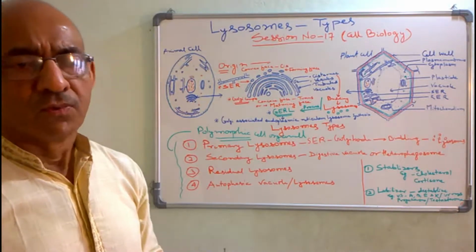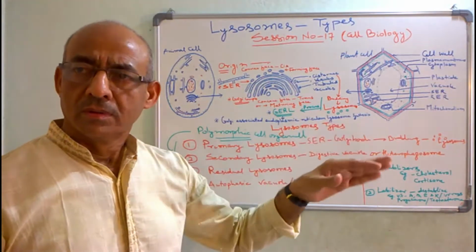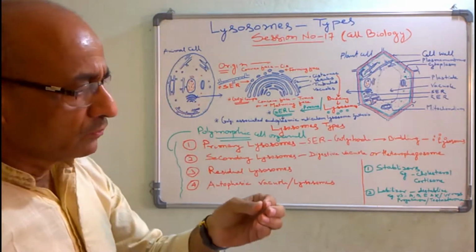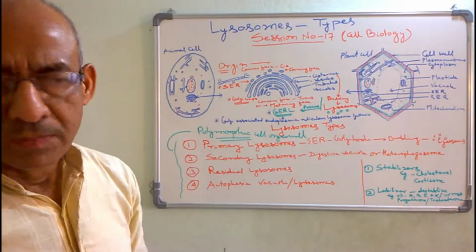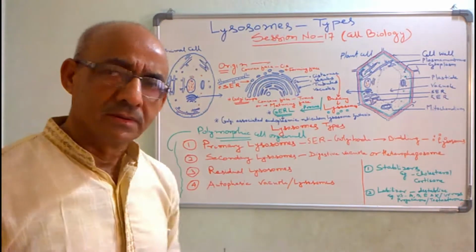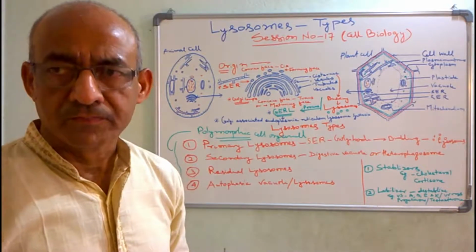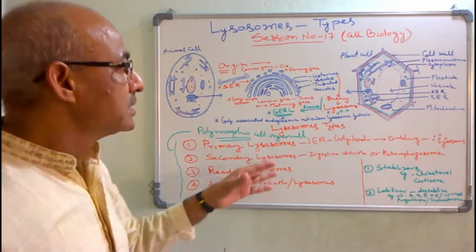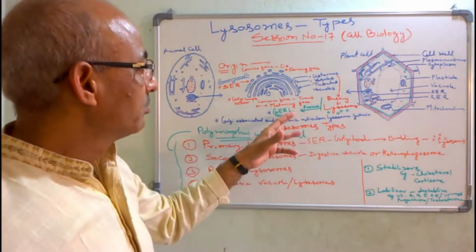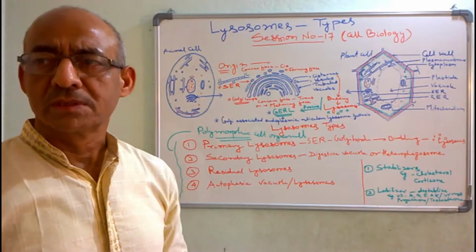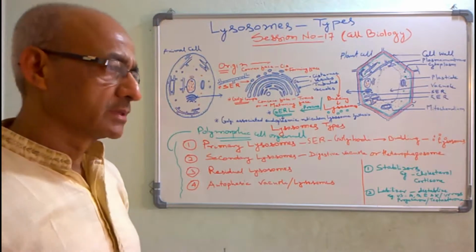Lysosomes are formed by budding in the form of small cyst-like structures, and then they are scattered in various parts of the cell. At that time we discussed GERL, the process for the synthesis of lysosomes inside eukaryotic cells.